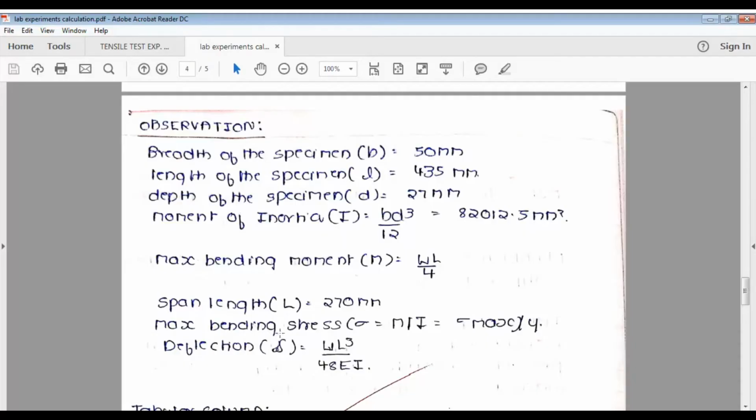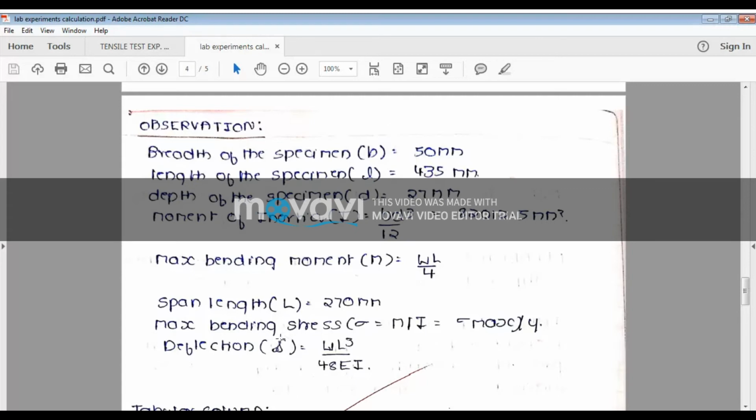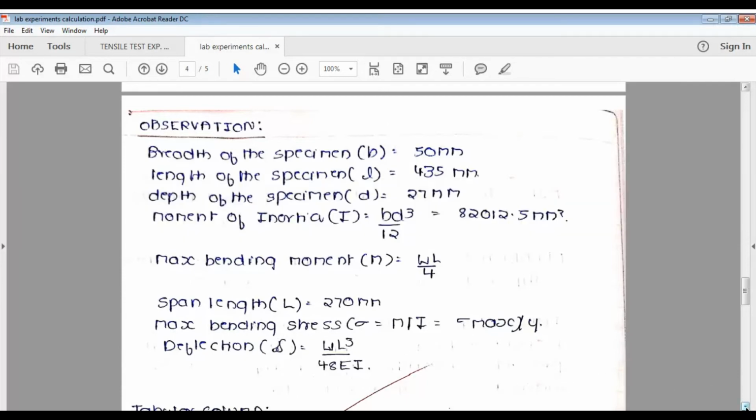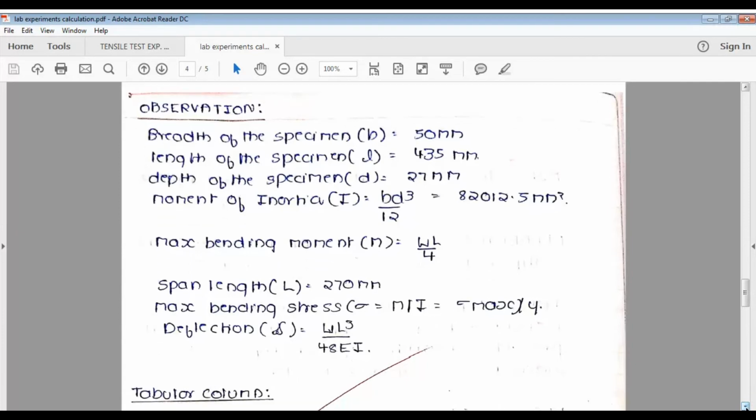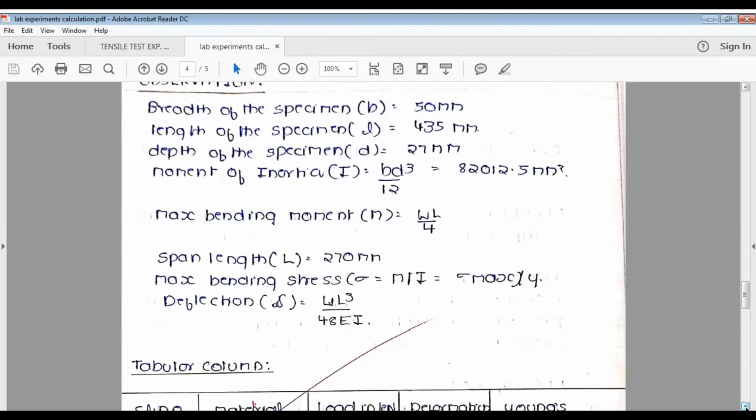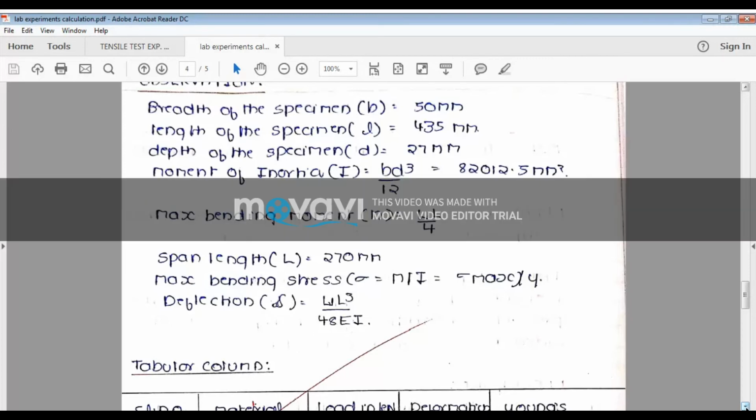After experimentation, we got different observation values like the breadth, length, and depth of the specimen, and also we find the moment of inertia, bending moment, and maximum bending stress, and by using the deflection formula we find the Young's modulus.